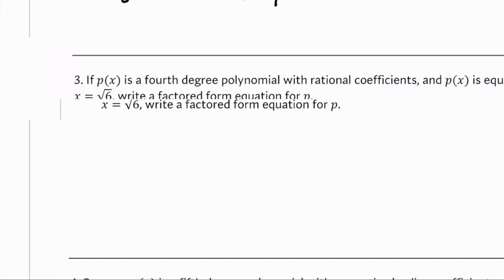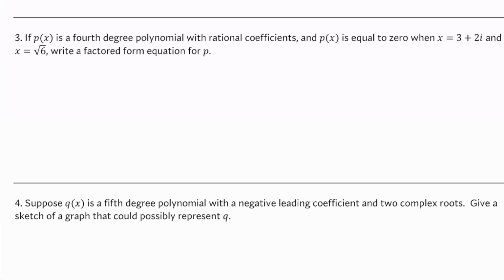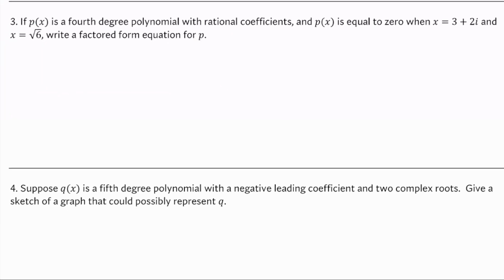If p of x is a 4th-degree polynomial with rational coefficients, and p is equal to 0 when x equals 3 plus 2i and x equals √6, then we also know that x equals 3 minus 2i and x equals the negative square root of 6 are also going to be roots of p of x. So my factored form equation would be, okay, nothing about a leading coefficient.